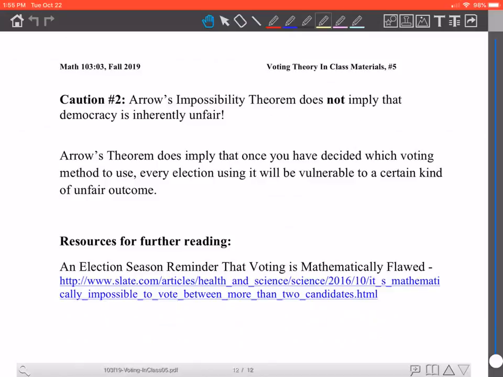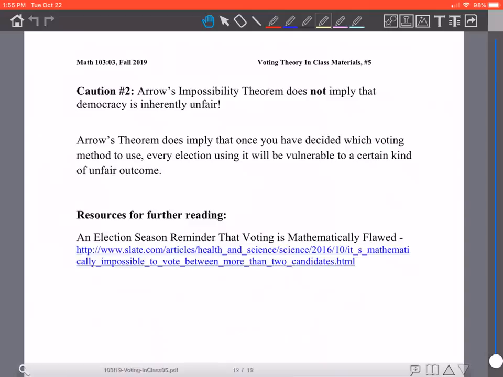We do have to have some kind of standard for how we're measuring fairness, and that's what the fairness criterion helps us to do: we measure our 4 voting methods against these 4 fairness criterion, and we see that sometimes there's violations. It doesn't happen with all of them, it doesn't happen all the time, but it sometimes happens, and so no voting method is perfect. So that brings us to the end of voting theory.